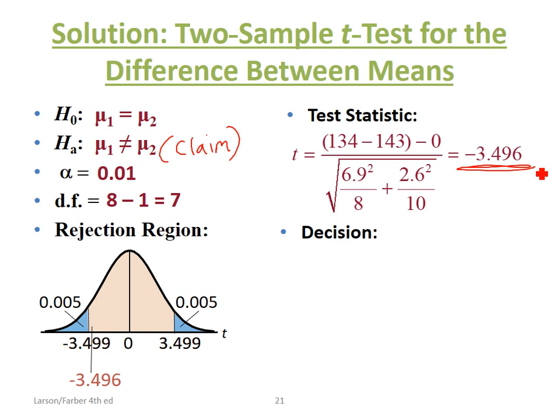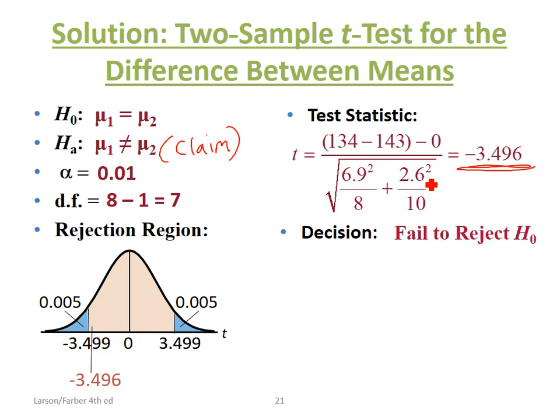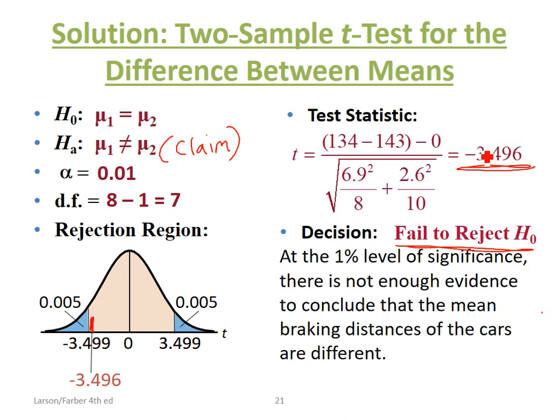Yes. So what's that tell us? Fail to reject the null, and some of you are right, it's really, really close, isn't it? But it actually falls right there, so we fail to reject it. And then at a 1% level of significance, there's not enough evidence to conclude that the mean braking distances of the cars are different.